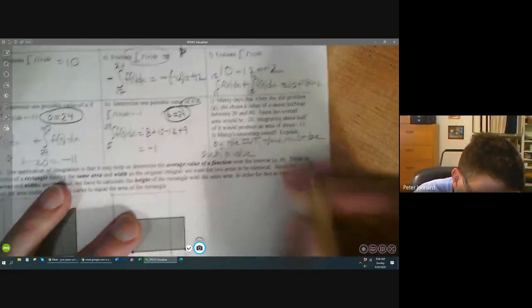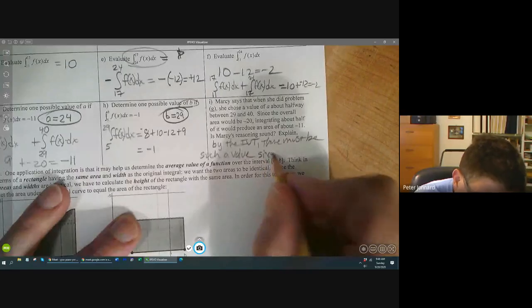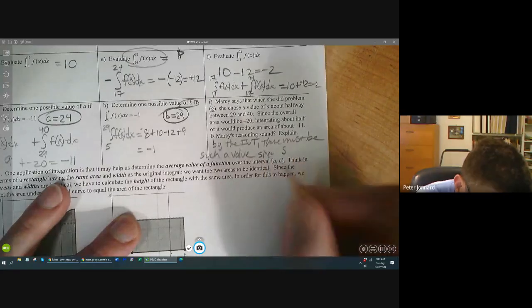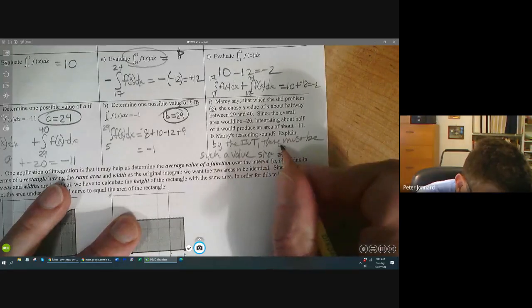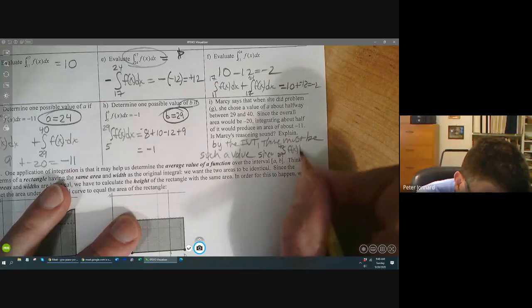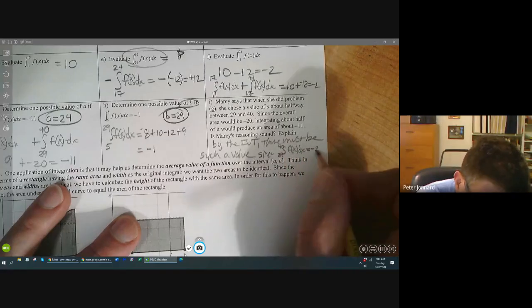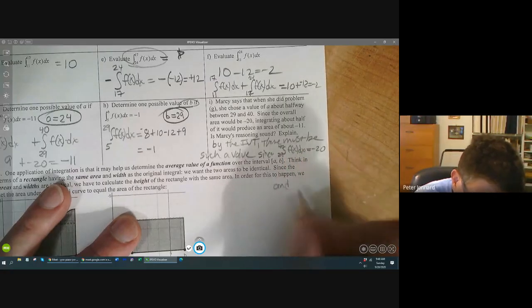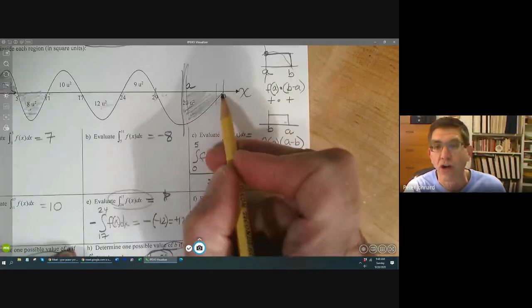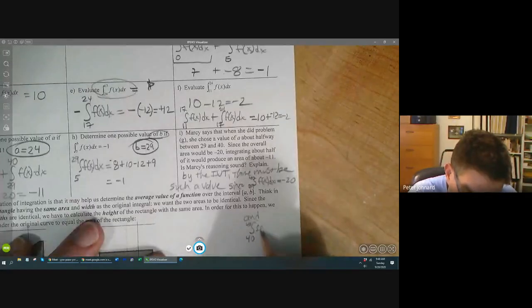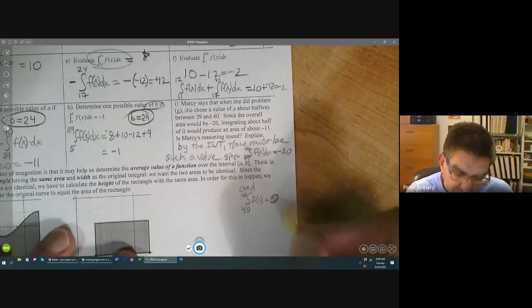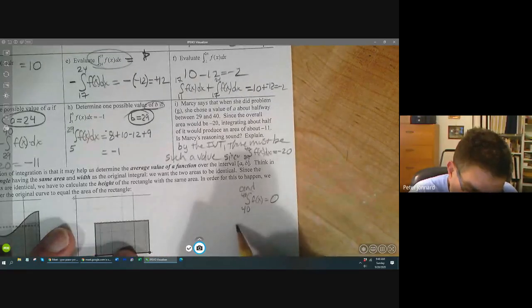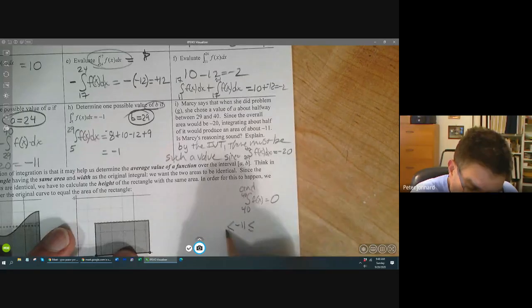There must be such a value since the integral from 29 to 40 of f of x dx is equal to negative 20. And the integral from 40 to 40, if you don't move at all, that would be 0, right? And negative 11 is between those two. So negative 11 is in between these two possible values.